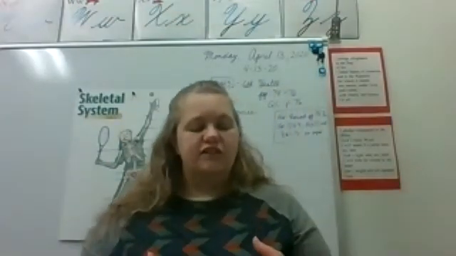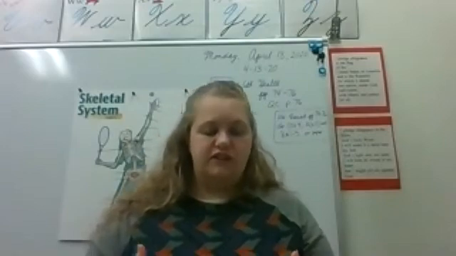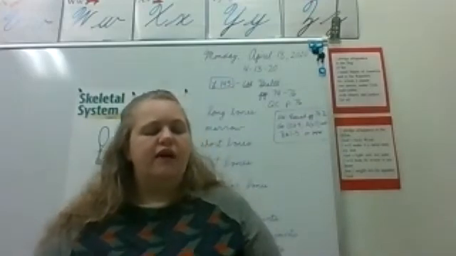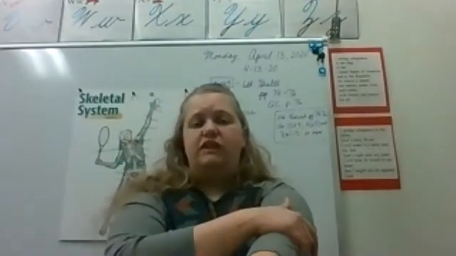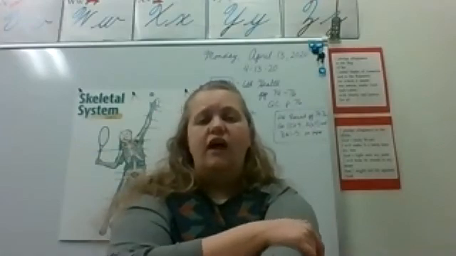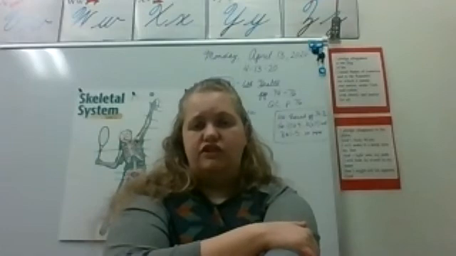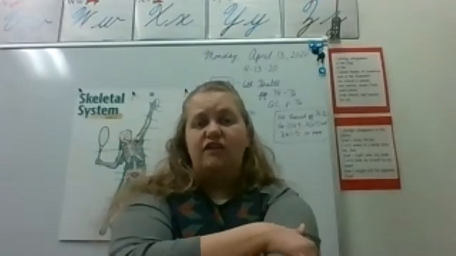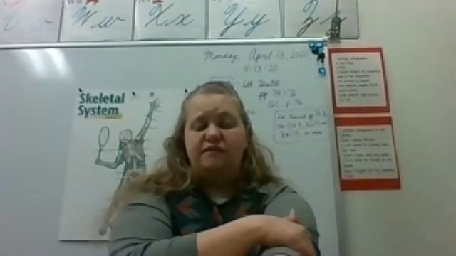And then joints are susceptible to arthritis, and it is a disease. It's a degenerative disease that breaks down the structure of the joints and causes inflammation and swelling, as well as a potential loss of movement. My mom has arthritis in her elbow. She dislocated it in high school, and every once in a while she'll get some pain in her elbow, and it's that arthritis.